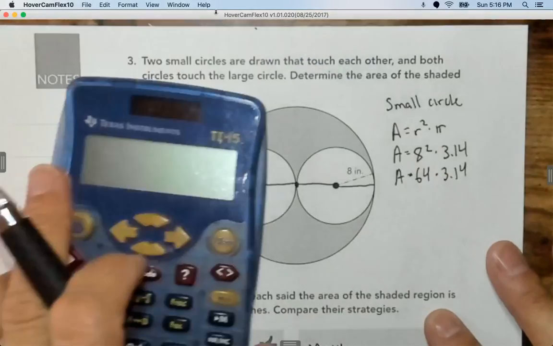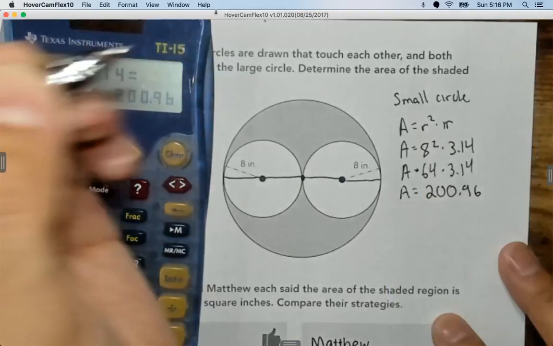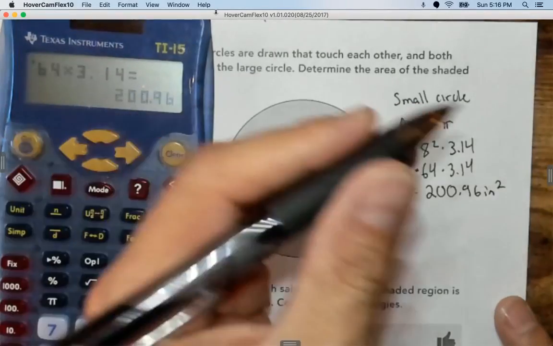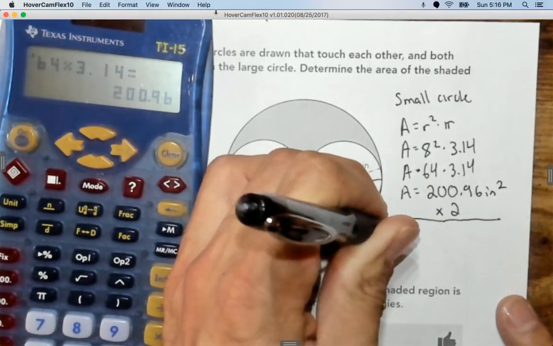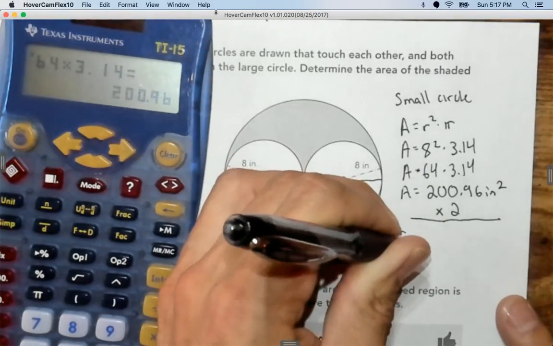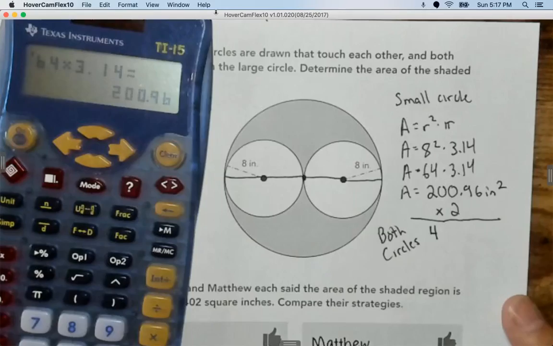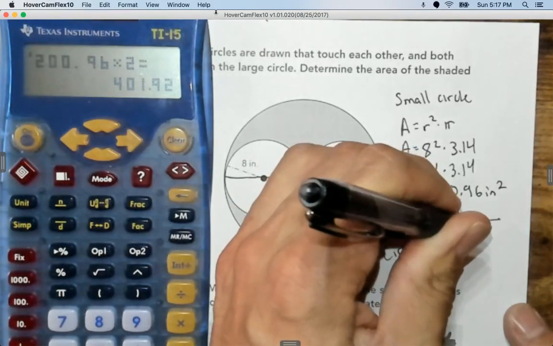My calculator is going to tell me, even though I know we figured out a couple of these already, that I get 200.96 inches squared. Now what I would do is, since there are 2 small circles, I'm going to times this by 2 to get both of the circles. So both circles would be, let's see here, times 2, 401 and 92 hundredths inches squared.